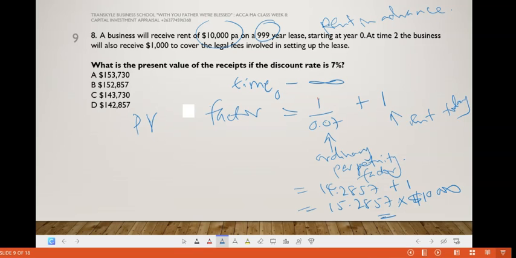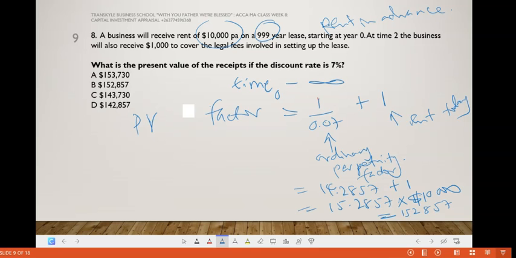Therefore, the rental income is about 152,857. So that's the income from the rentals.